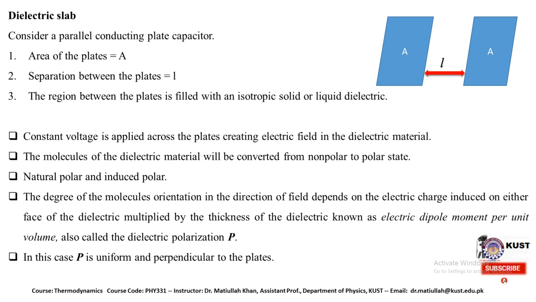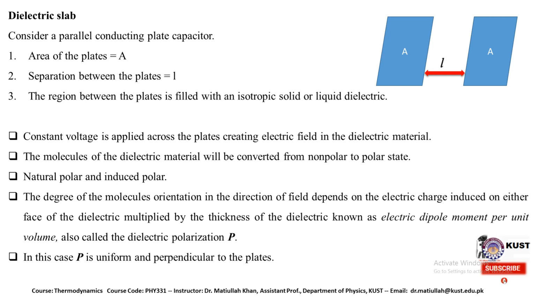I mean, the center of the positive charge and the center of the negative charge are at a single point, so it's non-polar. When an external electric field is applied, then as a result of this field, the center of the negative charge moves from the center of the positive charge, and a dipole moment is created.